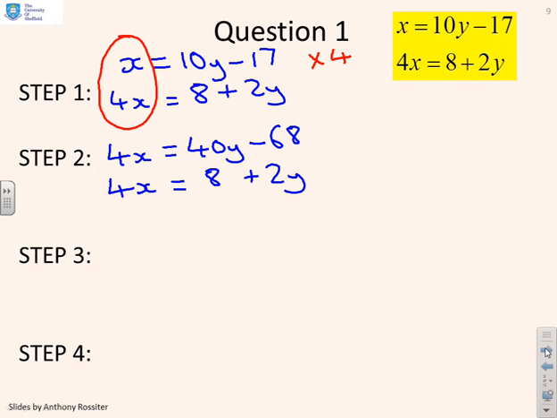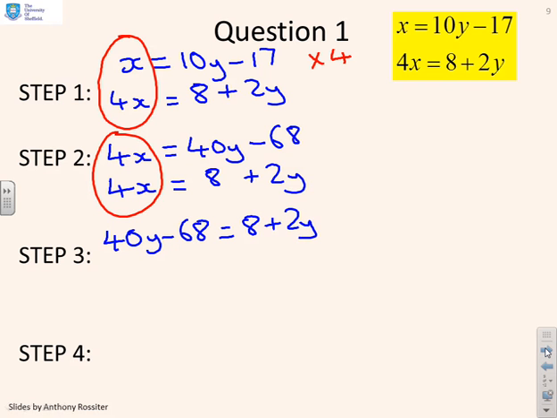And you'll see now that what we've got on the left is the same, which means I can equate the other two parts. So in step 3 I've now got 40y minus 68 equals 8 plus 2y. And if I now join things together and see what we've got, we're going to end up with 38y equals 76, which tells me that y equals 2.